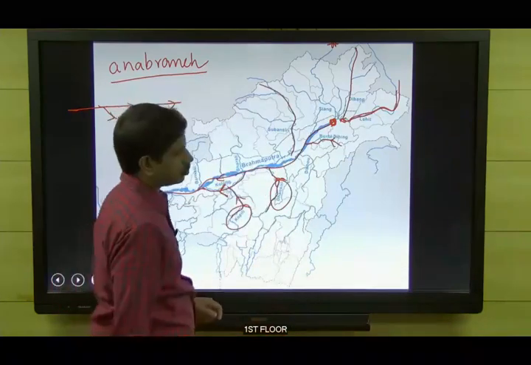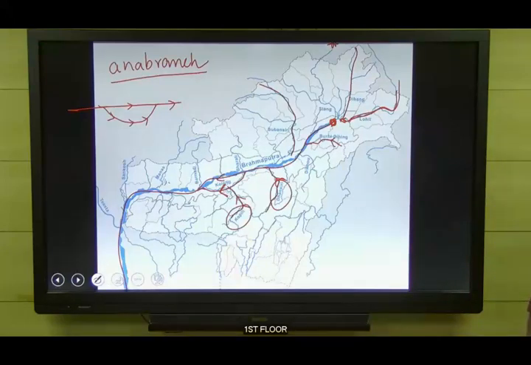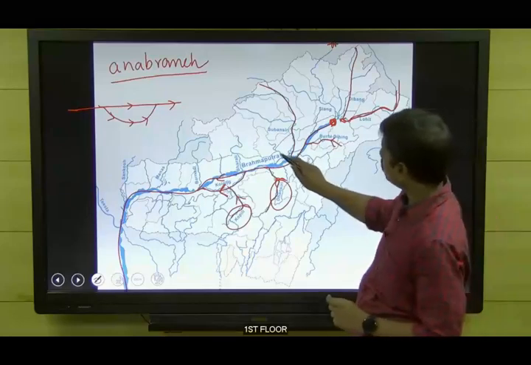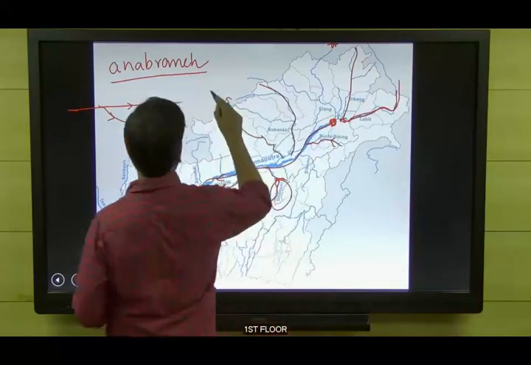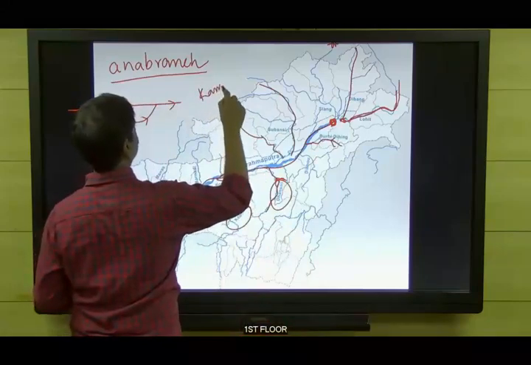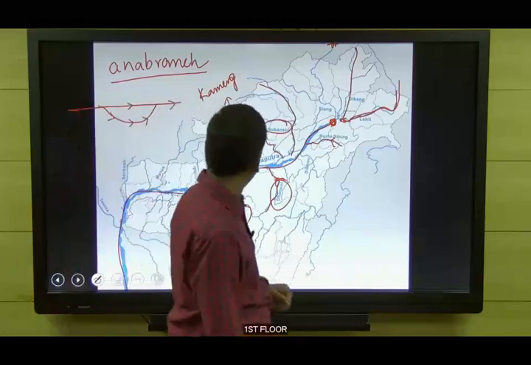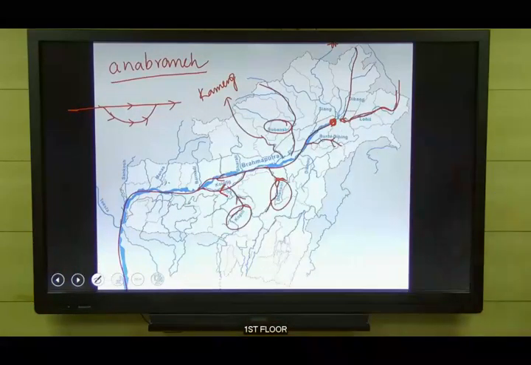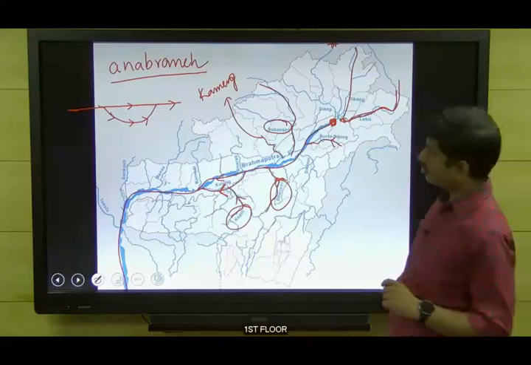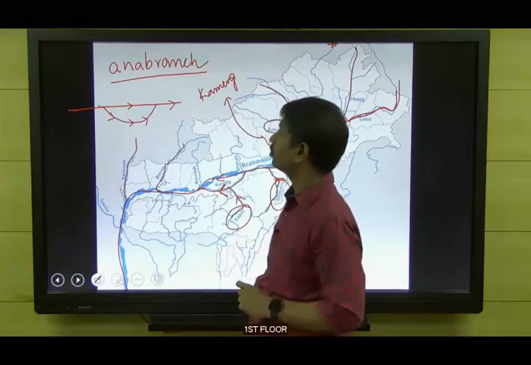Subansri river, followed by Kameng. This is Kameng. Subansri, Kameng, Manas, Shankosh.